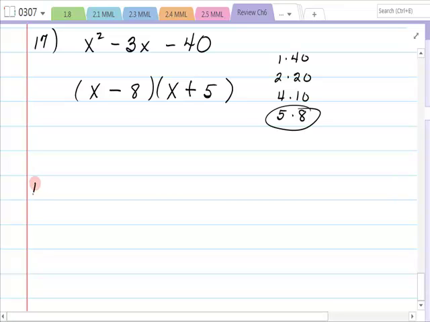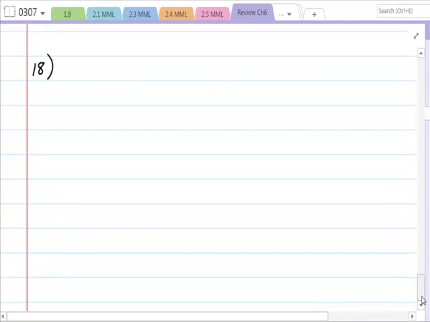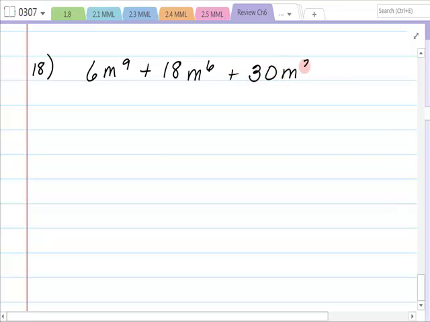All right, let's look at 18. I have 6m to the 9th plus 18m to the 6th plus 30m squared. What's question number 1?